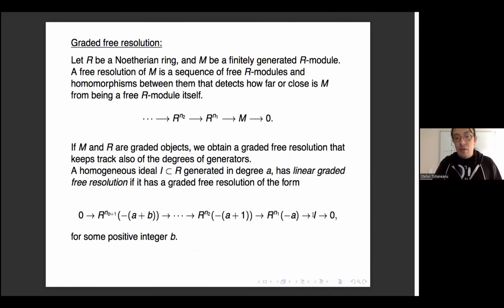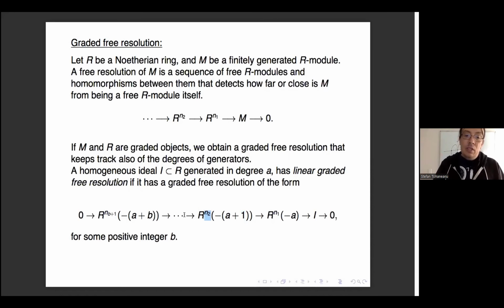I_A has n_1 minimal generators of degree A. Then this is saying that there are some linear relations among these generators, relations with linear forms as coefficients, and we have n_2 many of them.